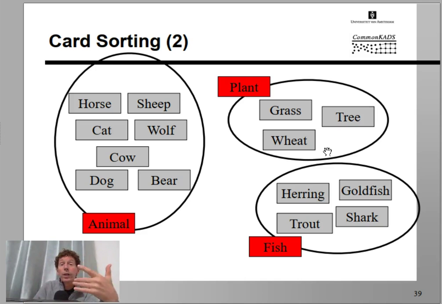And not only have we learned that there are these 3 types, but we've also learned which is in which type. So we've learned that dog is an animal and not a fish, and we've learned that herring is a fish and not a plant. Okay, so that was one way of putting them in 3 stacks. So can we do this again?